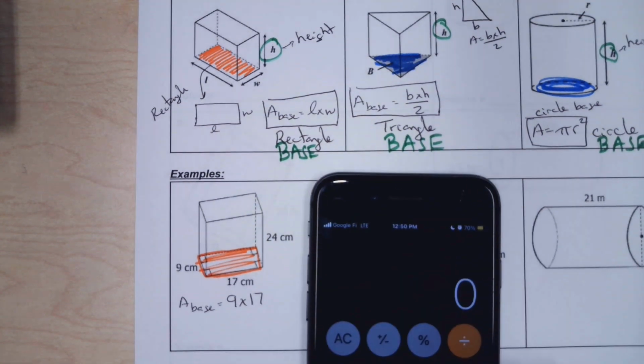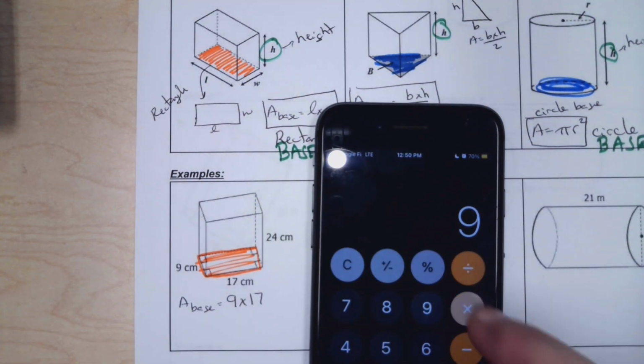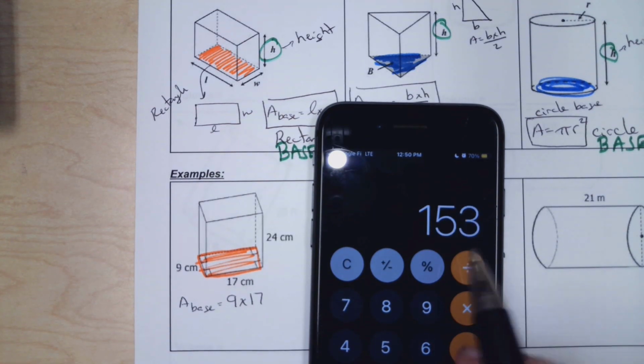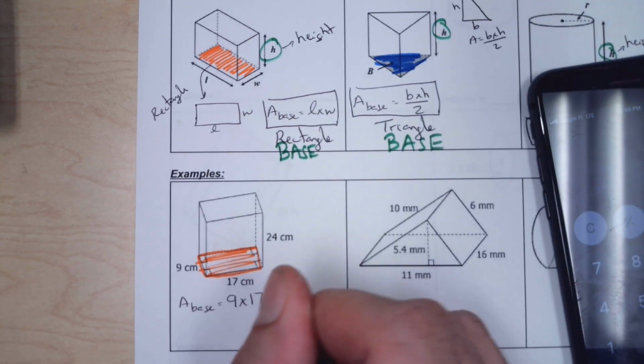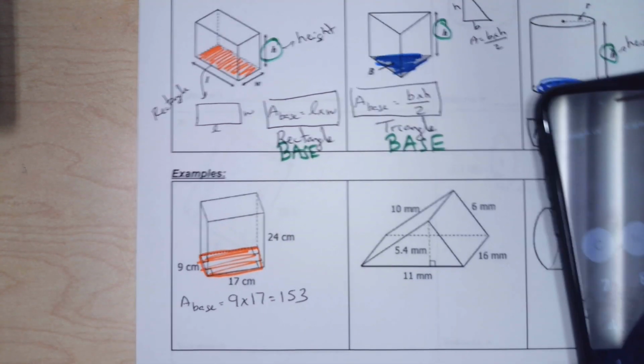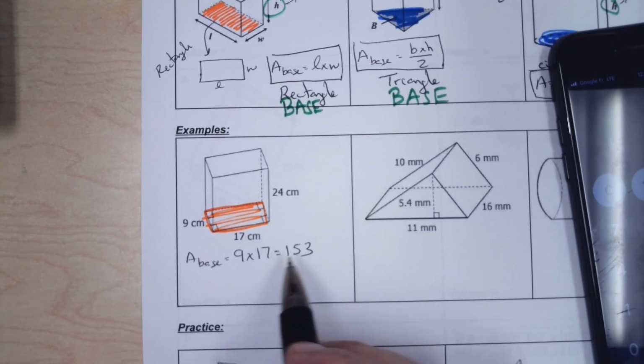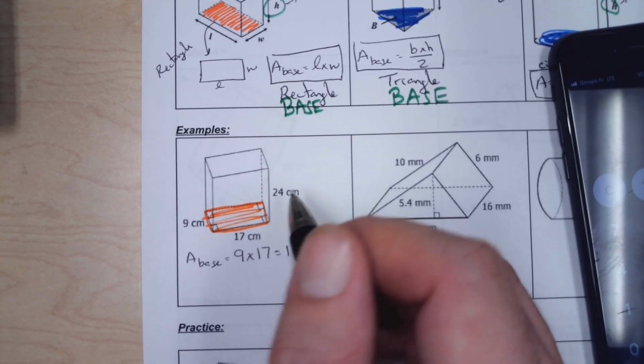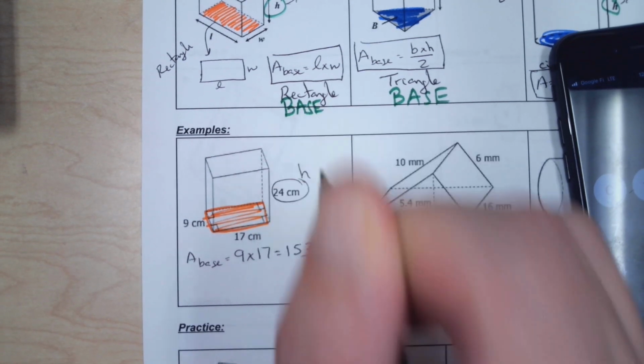If I go here, 9 times 17, I get 153. Now that's my base, but I still need my height. So this is my h.